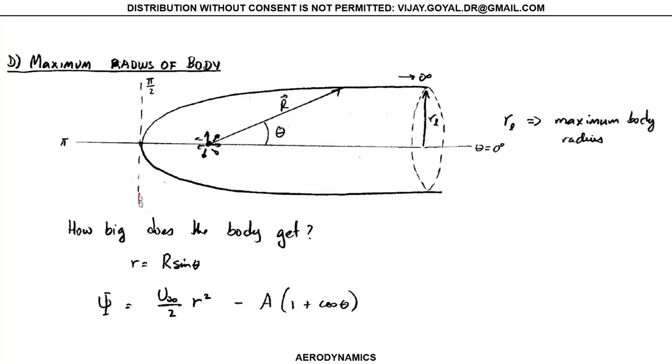There's a location from here to the source to wherever I want it. That is my R. So the question is, how big does the body get? To understand that, let's understand a couple of things. First of all, what happens when I go downstream?